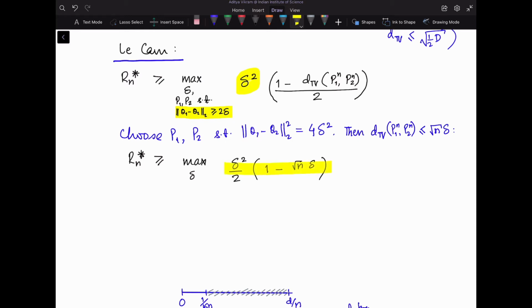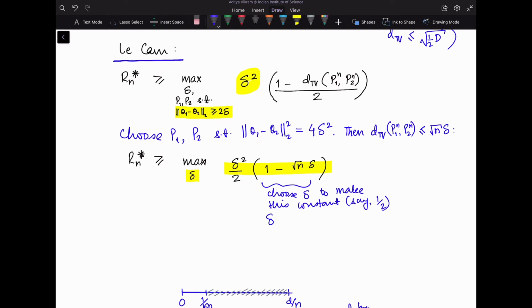If we just substitute it here, we get that Rn star is greater than or equal to this quantity, and we can still optimize over delta. We can choose any delta we want basically. So we will choose delta to make this constant, say half. We'll choose delta so that this expression inside the parenthesis is half.